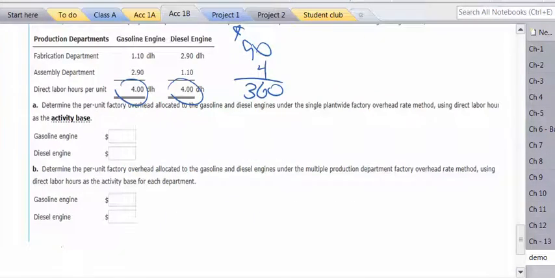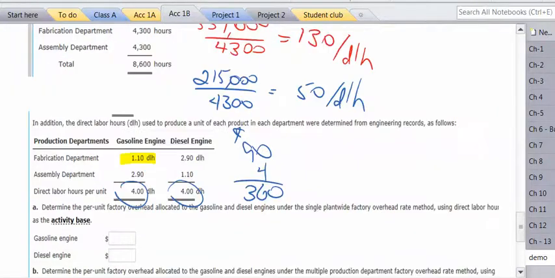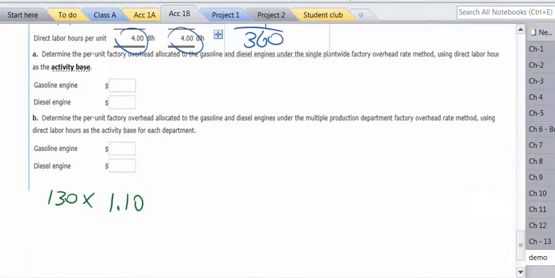So I'll take the 130 times the 1.1 hours, which is $143.